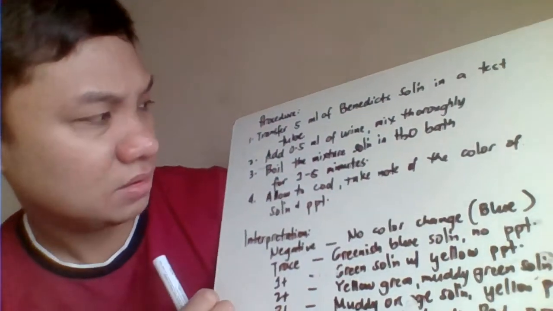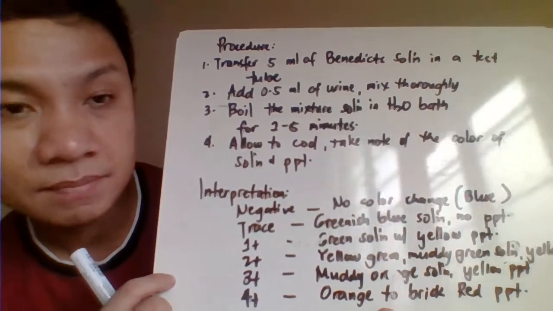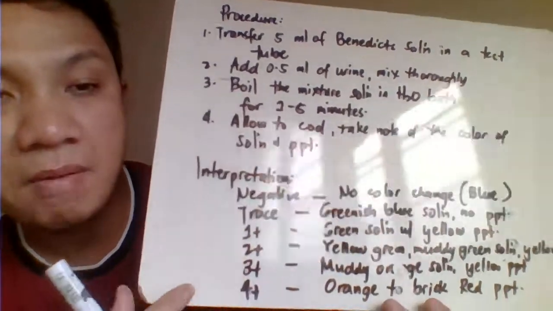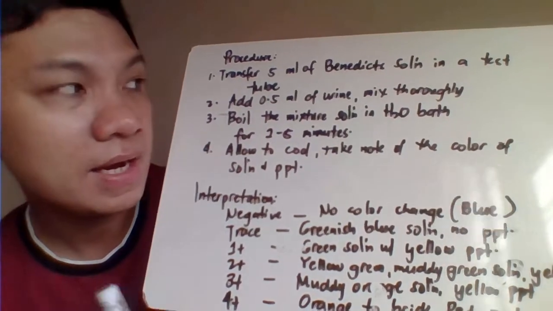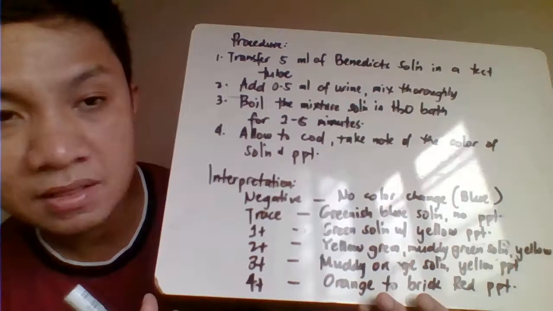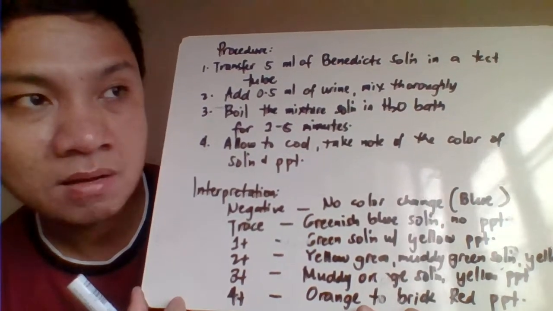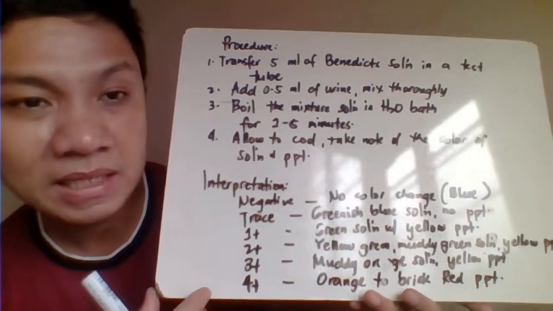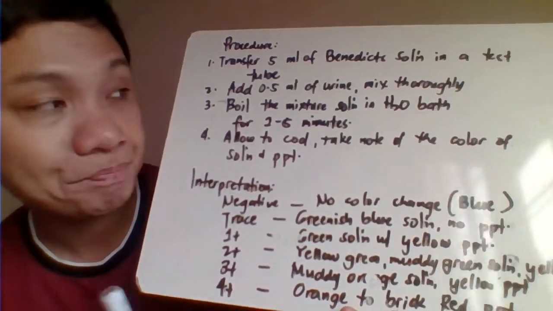Okay, so we have here the procedure for our Benedict's test. First, 5 ml of the Benedict solution is transferred to the test tube. Then you add 8 drops or 0.5 ml of the urine sample. That's 8 drops as written in our lab manual, but in your AUBF book, that's 5 drops.